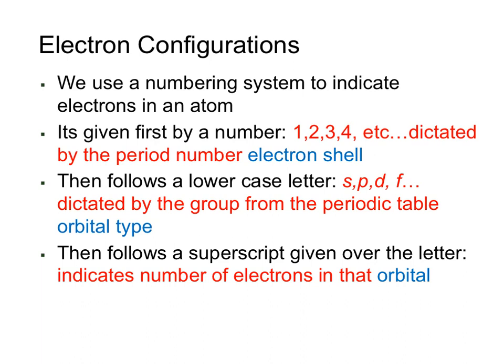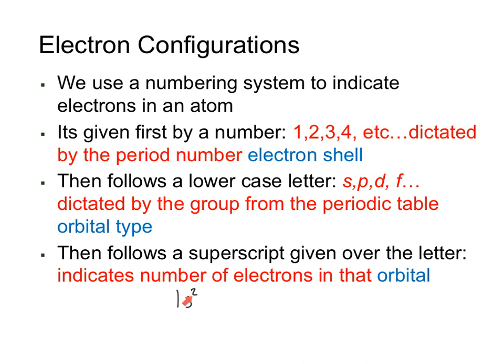After that letter indicating sublevel, we have a number written as a superscript, which tells us the number of electrons within that orbital. For example, 1s2 indicates that we're talking about electrons in the first Bohr shell, in an s sublevel, and there are 2 electrons within that sublevel.